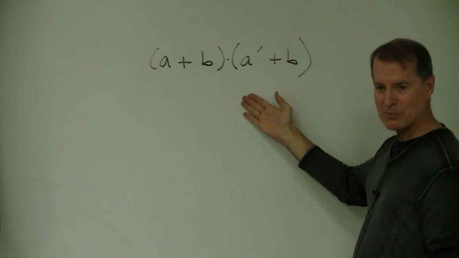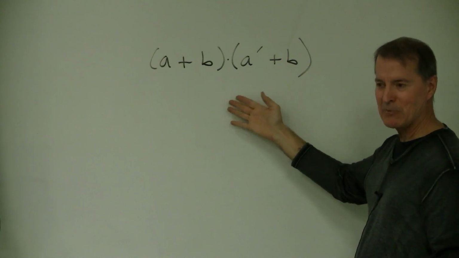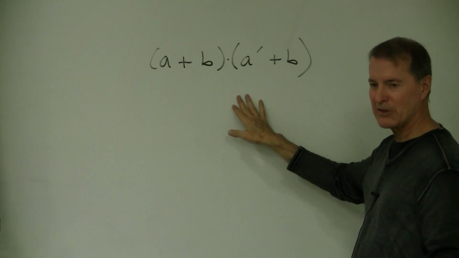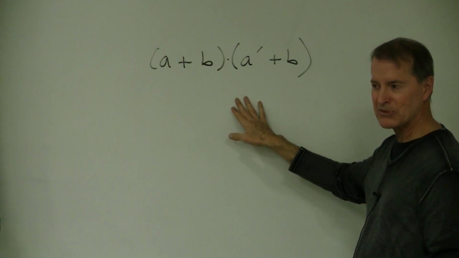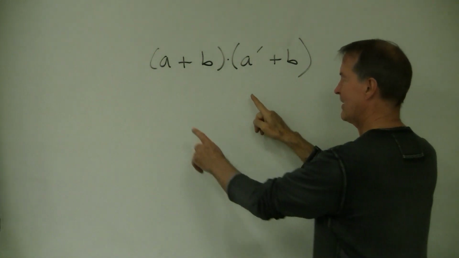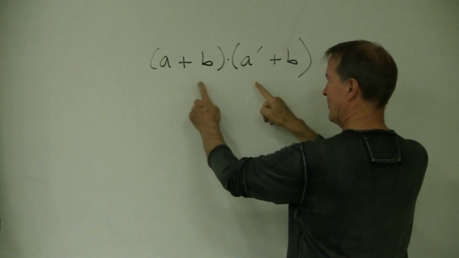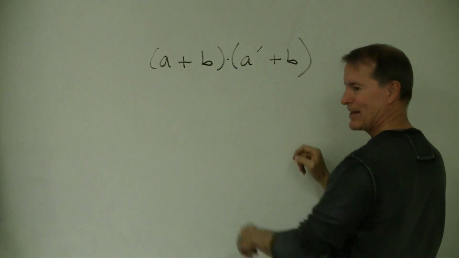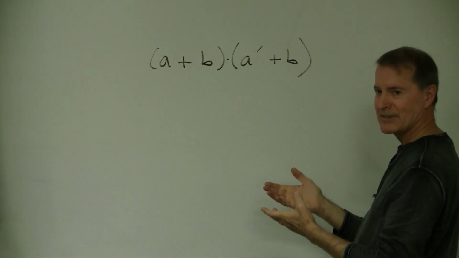Do you know how in algebra, when you had addition and multiplication, how would you get rid of the parentheses? What was the rule that you used? Distribute. Yeah, FOIL. And FOIL was what? First, outer, inner, last. Basically, that's the distributive law twice.